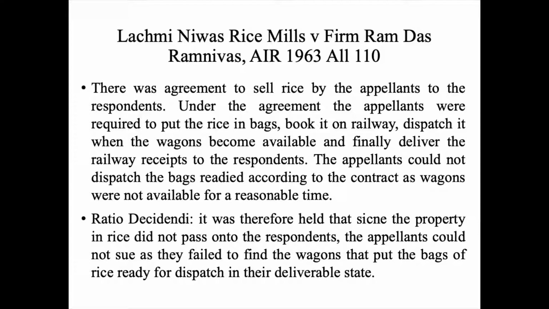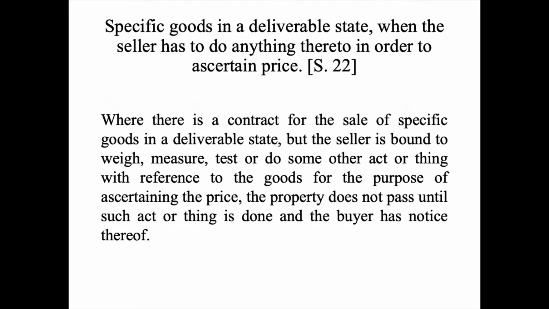The appellants could not dispatch the bags according to the contract as wagons were not available for a reasonable time. The judgment held that since the property in the rice did not pass to the respondents, the appellants could not sue, as they failed to find the wagons and put the bags of rice ready for dispatch in a deliverable state.